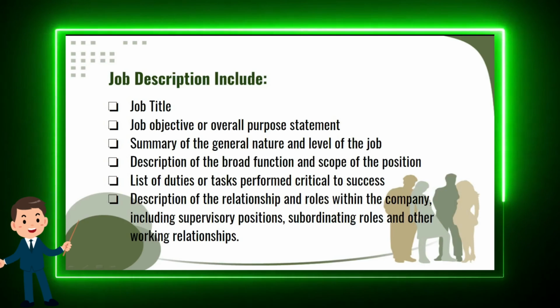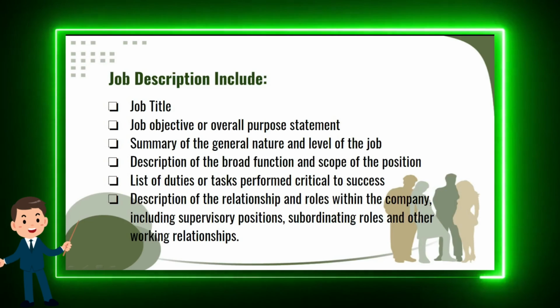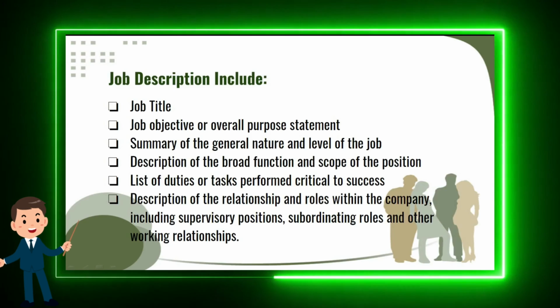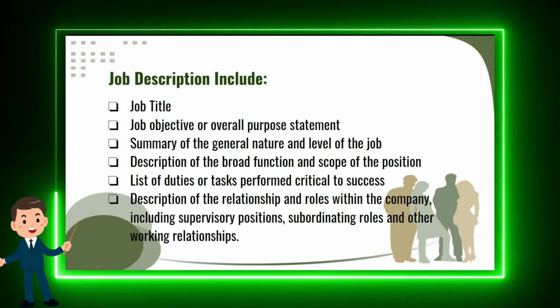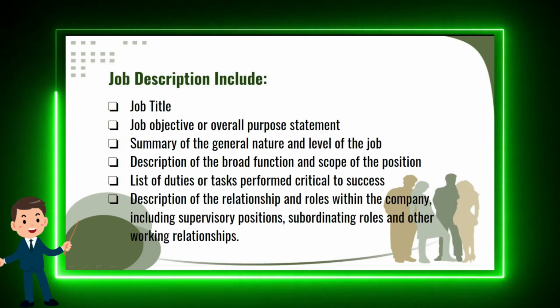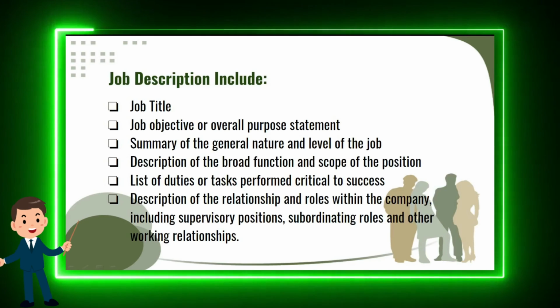Next, the list of the duties or tasks performed that are critical to success. Then the description of the relationships and roles within the company, including supervisory positions, subordinate roles, and other working relationships. So those are included in the job description.